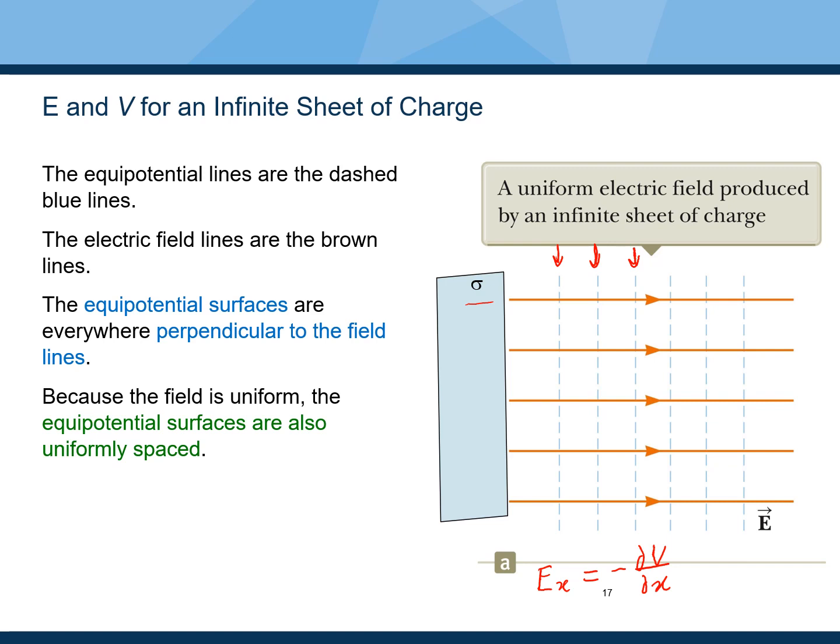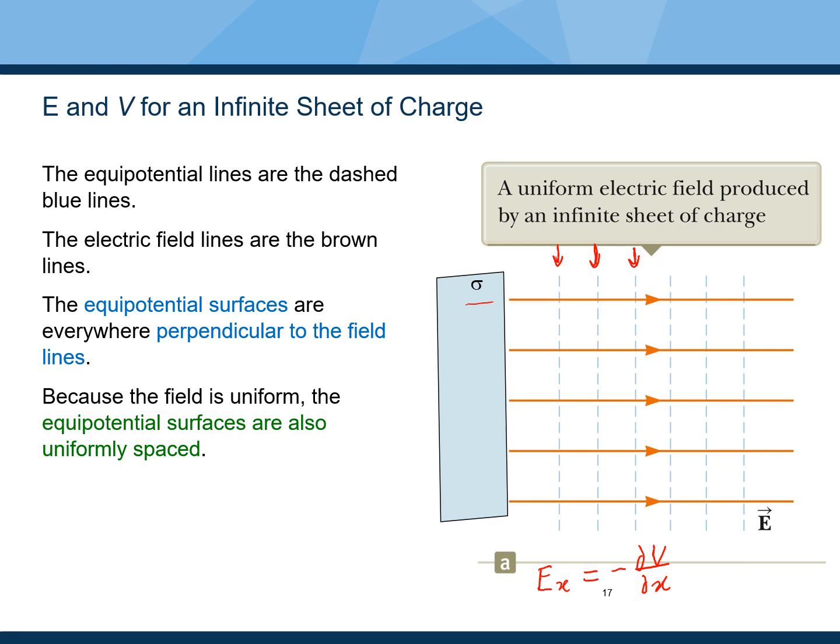And furthermore, it tells you that dV by dx, namely the gradient, the change in the electric potential, is constant for each constant distance in the x direction.